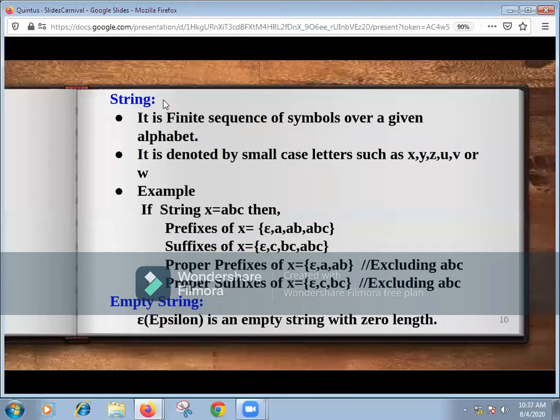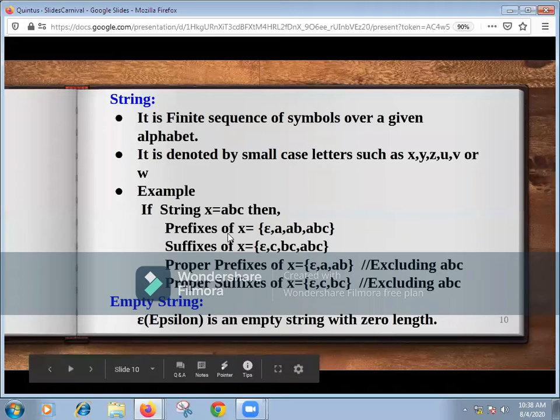So here, a string is a finite sequence of symbols over a given alphabet, and it is denoted with a small case letter like X, Y, Z, U, V, or W. We have seen an example where one string is given, we found some prefixes and suffixes of that string, as well as what is meant by proper prefix and proper suffix. Now, next is empty string.